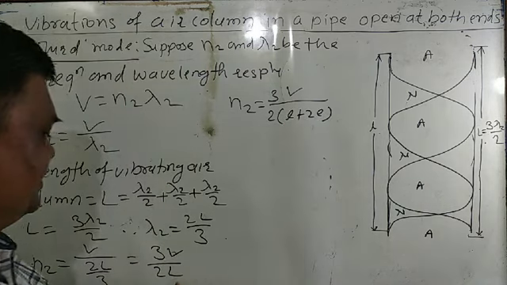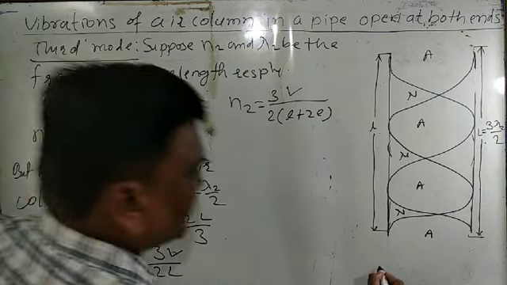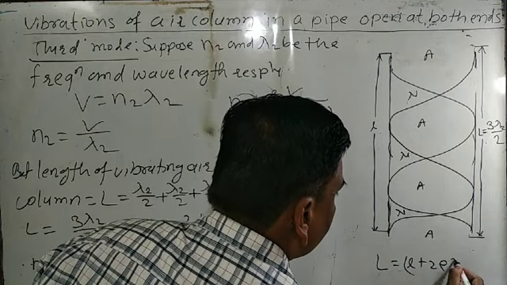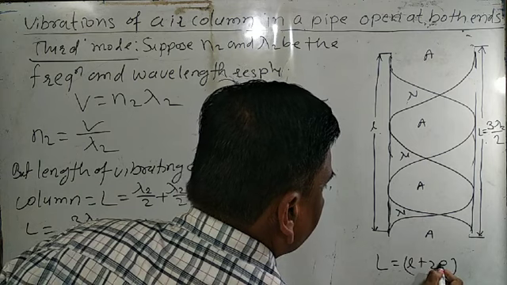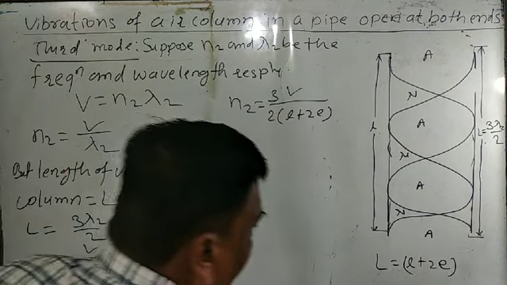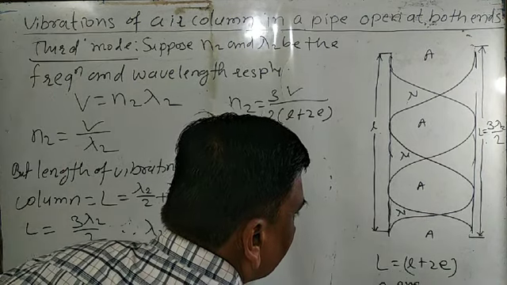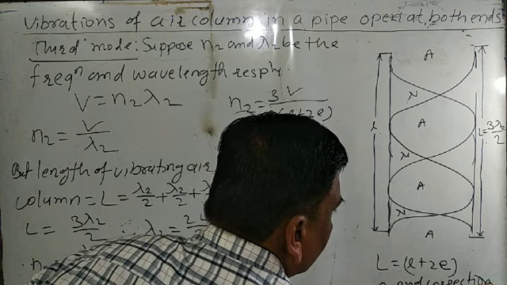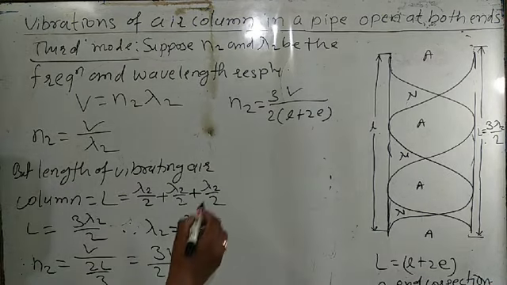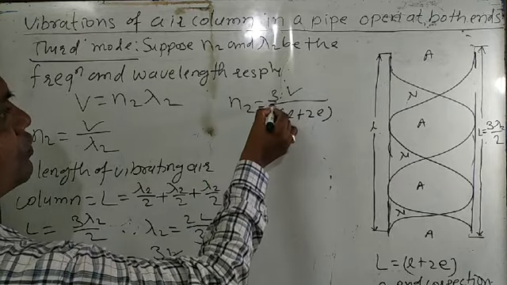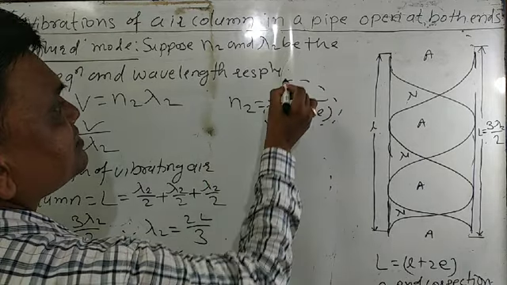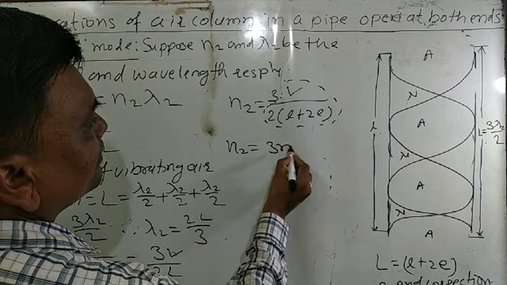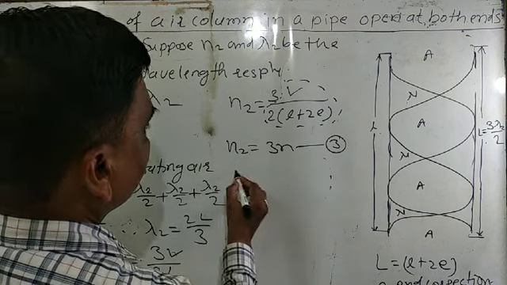Capital L means small l plus twice E, where E means end correction. So again this equals N in the first equation. Therefore N2 equal to 3N. Equation number 3.